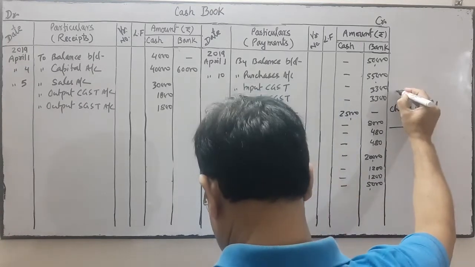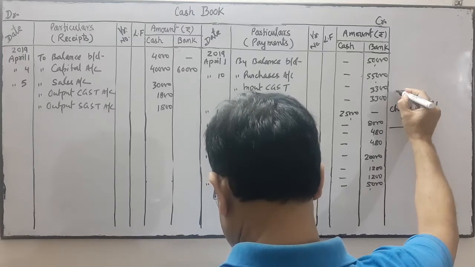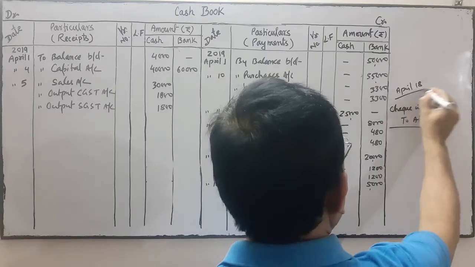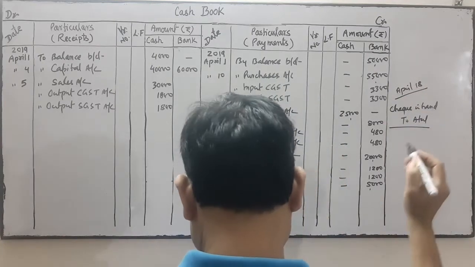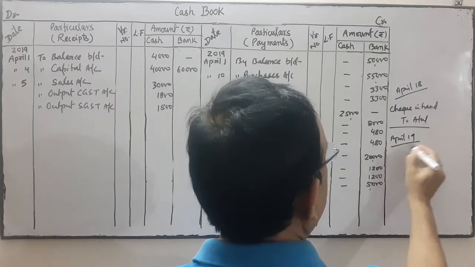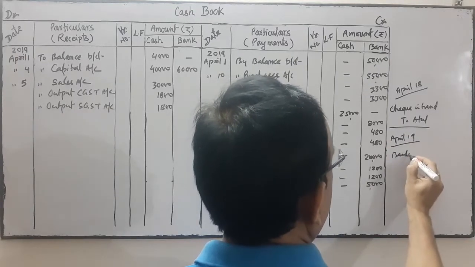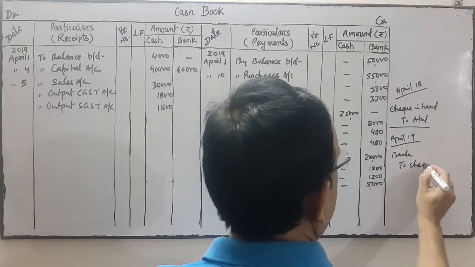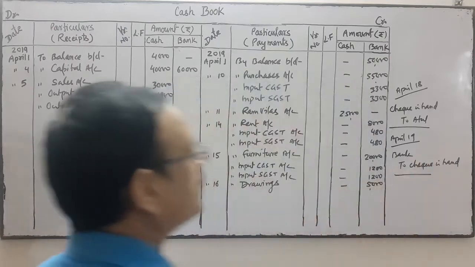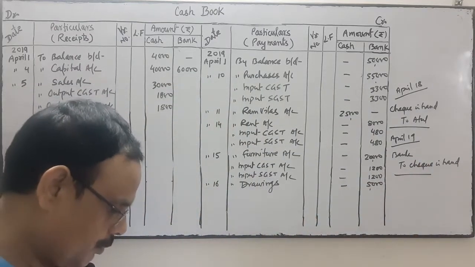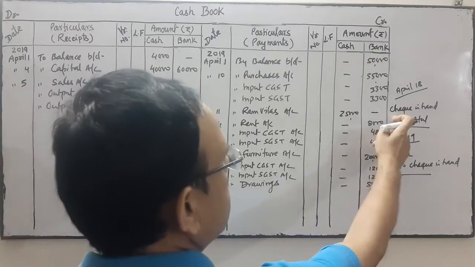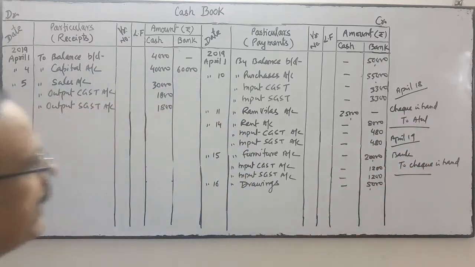This is the transaction of April 18. And this check is deposited into bank on April 19. Then bank account debit to check in hand. This will be the entry on 19th April. This will be recorded in the journal proper and this will be recorded in the cash book.